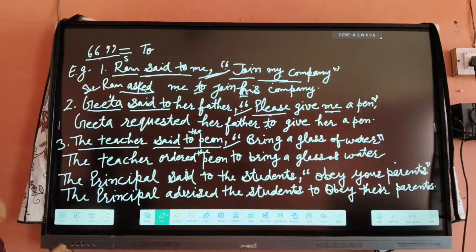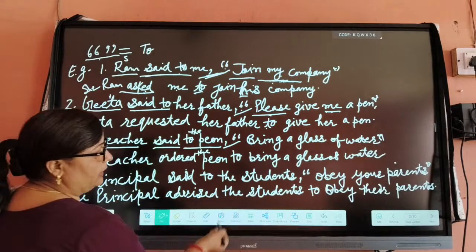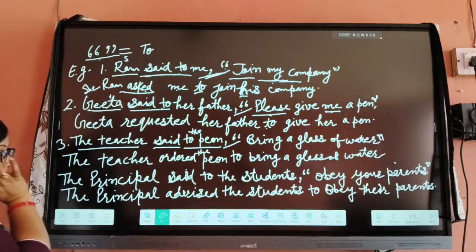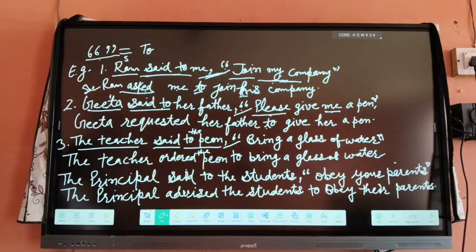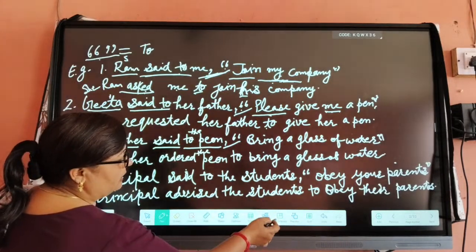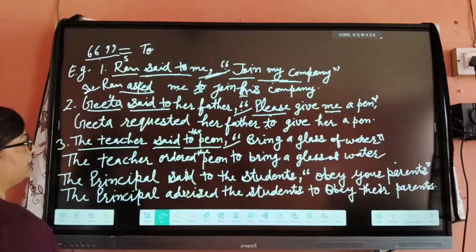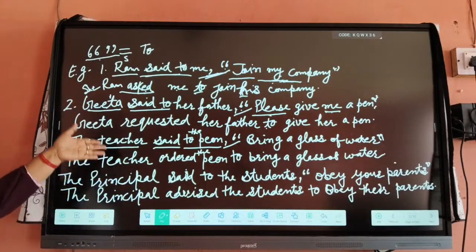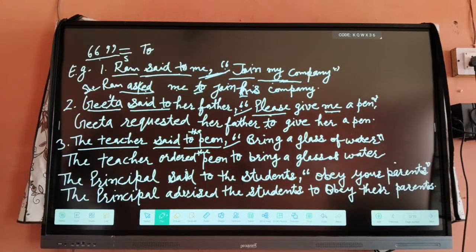Okay. The principal said to the students, obey your parents. Here the principal is giving advice to the students. That's why we have used, the principal advised the students to obey their parents.